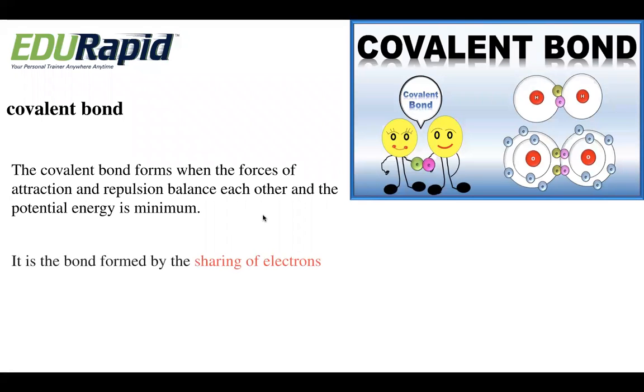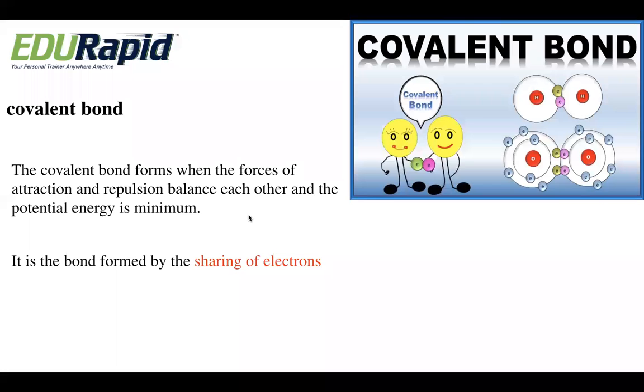In short, a covalent bond is a bond formed by the sharing of electrons. In ionic bonds, there was a complete transfer of electrons, whereas in a covalent bond, there is an equal sharing of electrons between the atoms. Then only is a covalent bond formed.